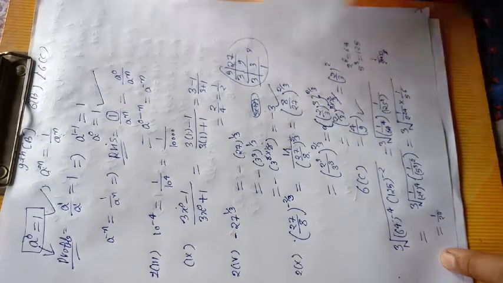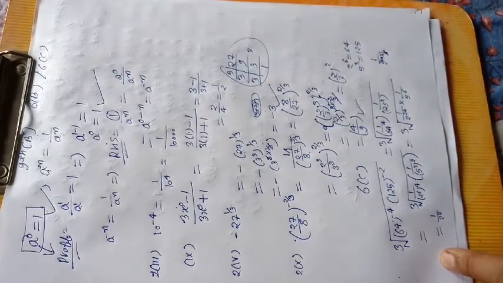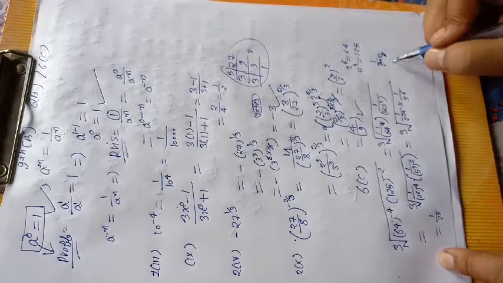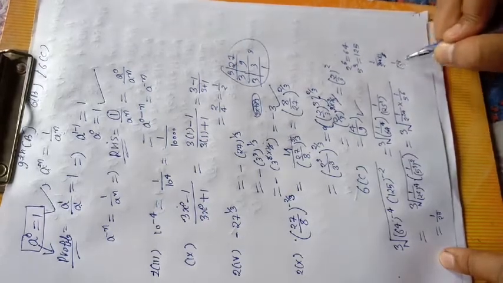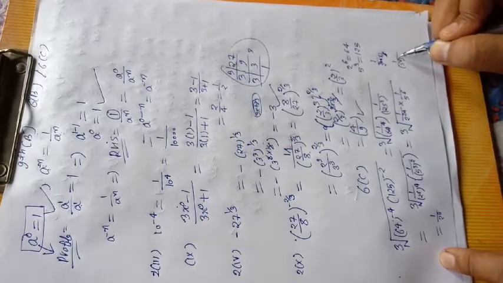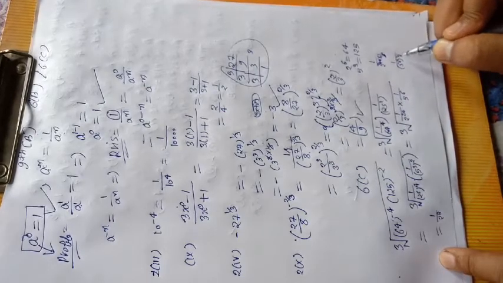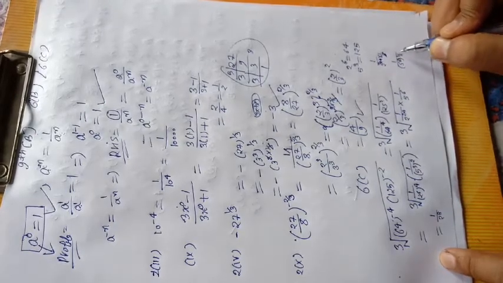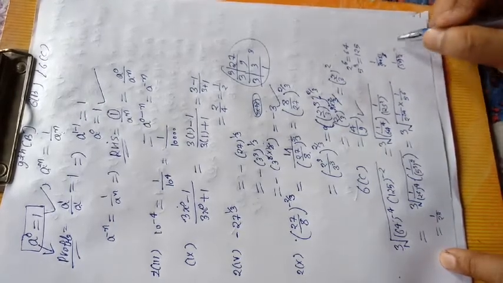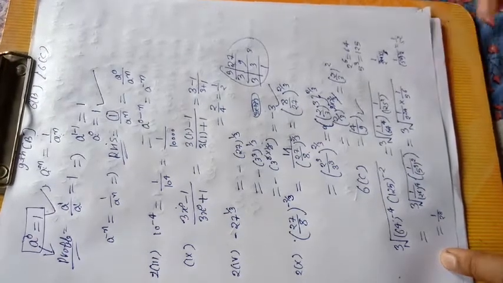Okay, now 5 to the power 6, when taken outside the cube root, equals 5 to the power 6, whole power 1 upon 3. Power to the power is multiplied, so this equals 1 upon 5 to the power 2.